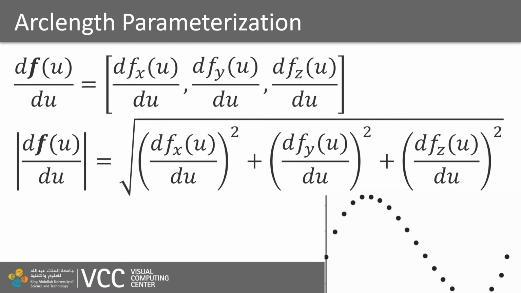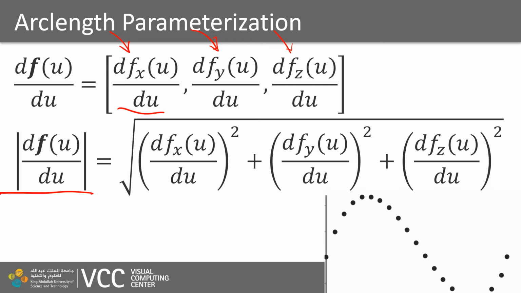So this is essentially the length of this infinitesimal segment of our curve. How can it be computed? There are derivatives of our function with respect to the different coordinates x, y, and z by our parameter u.